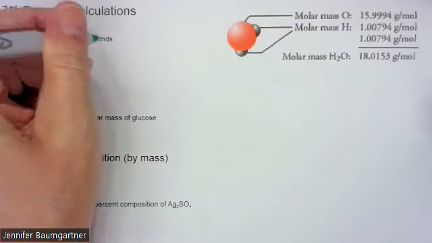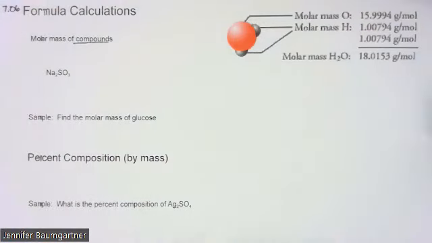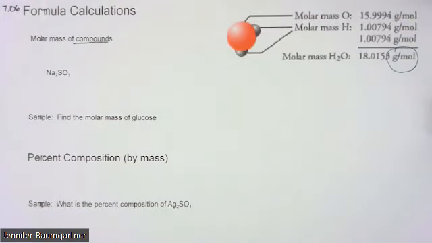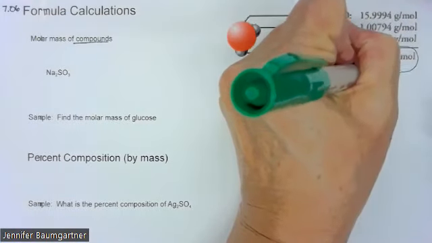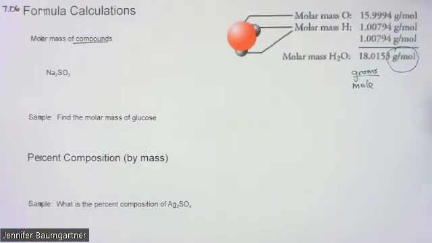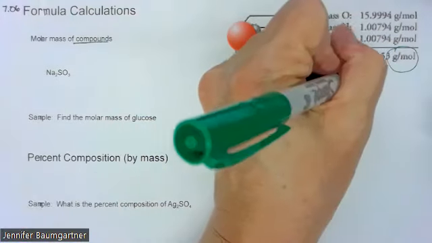Now, we've done the molar mass of elements. And we said that the molar mass of elements was the average atomic mass, but the unit was particular. So over here, they show it as grams per mole. Remember, that's the same thing as grams per mole. So we write grams on the top and mole on the bottom, and that's always implied.